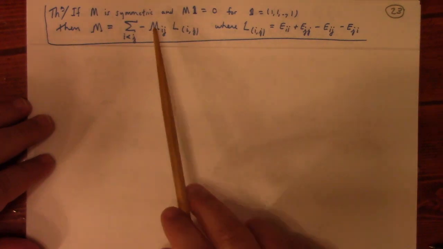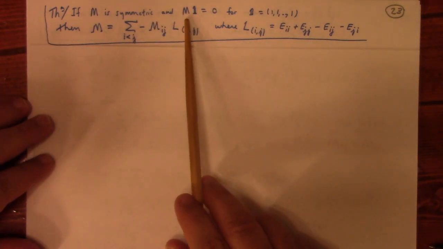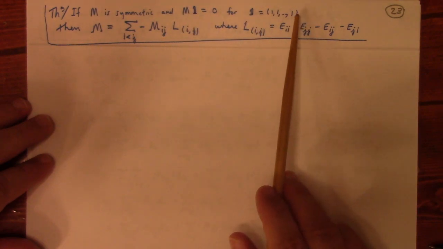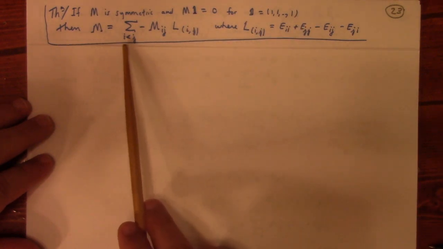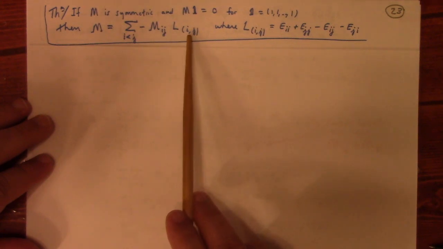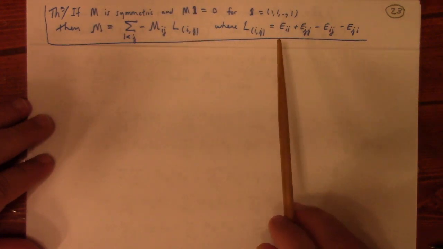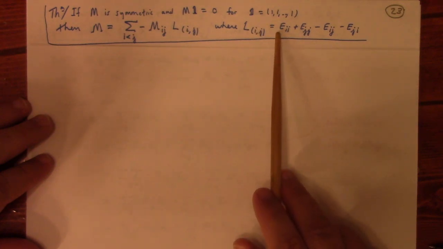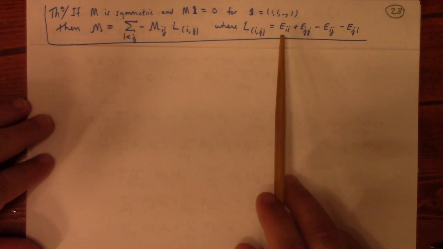If M is symmetric, like the graph Laplacian, and if M times the all one vector is 0, then you can rewrite M as a sum over i less than j of minus Mij Lij, where this Lij is a matrix which just has 4 non-zero entries.